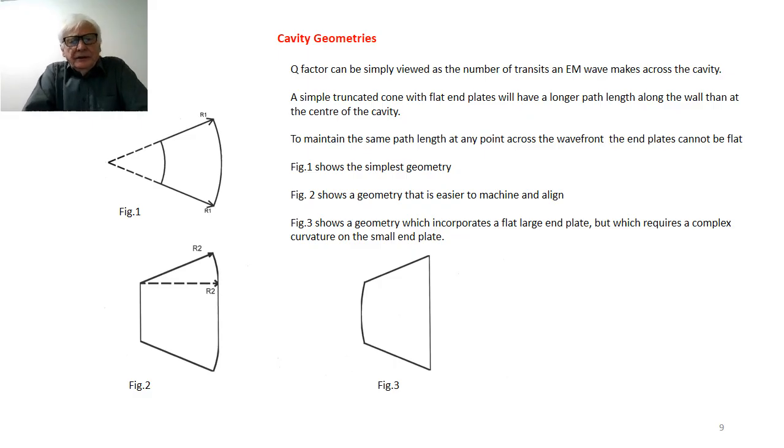So we've said that obviously the end plates of a truncated cavity cannot be flat.